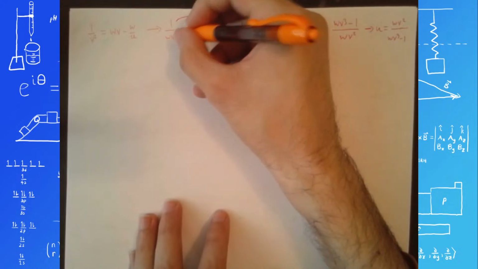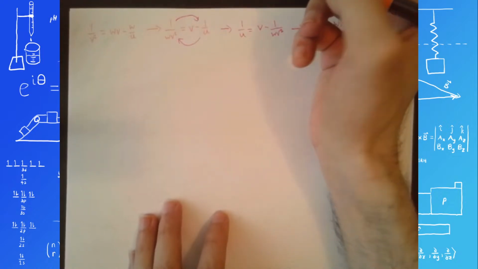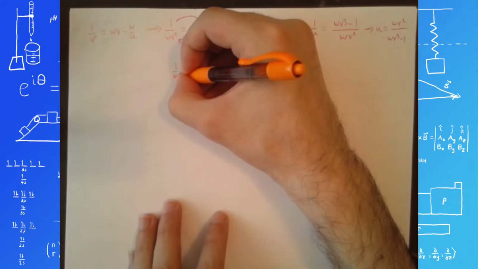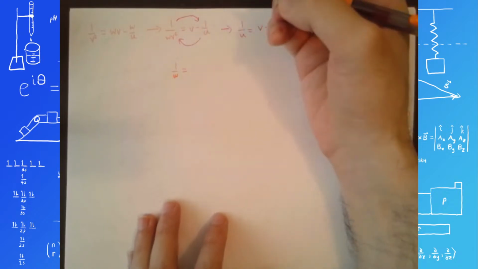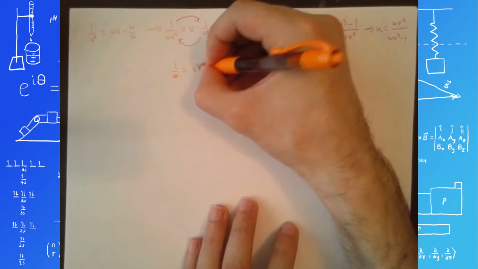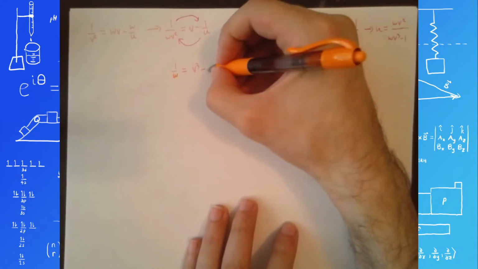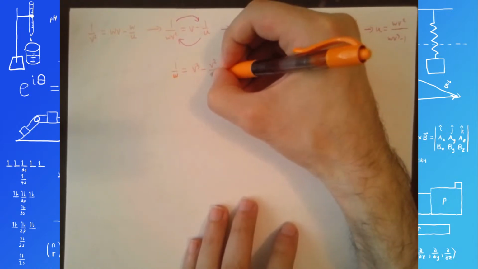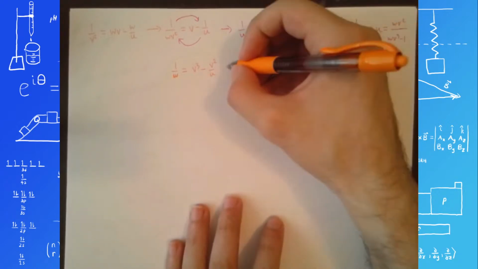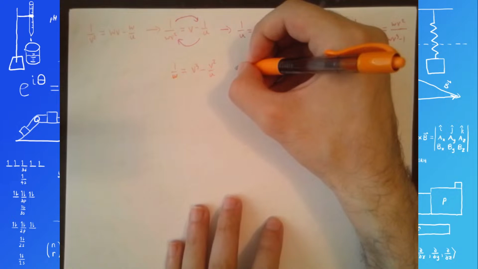So multiply by v squared on both sides, and I get 1 over w equals v squared times v is v cubed minus, that's just going to become v squared over u, and then square root of 1 over w. Okay, yeah, we're already done.